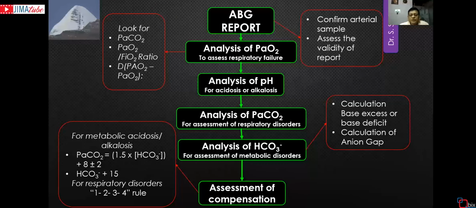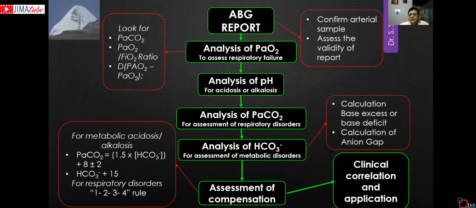In the metabolic disorder, we know that PaCO2 is bicarbonate plus 15. But in case of respiratory disorder, we have the 1, 2, 3, 4 formula, and that can be applied. After that, the most important part is the clinical correlation and application.